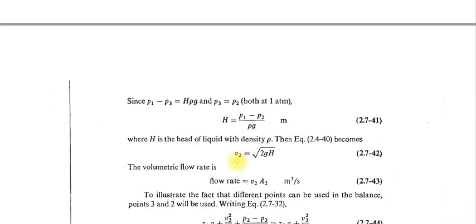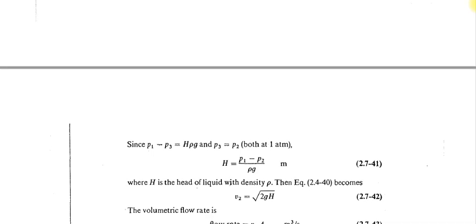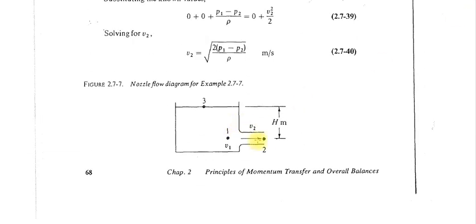So you will get V2 equal to under root 2gh. So this is the value of V2, the velocity based on the height of the fluid inside the tank. So by using this equation 2.742, you can calculate the velocity of the fluid here by determining the height of the fluid inside the tank.